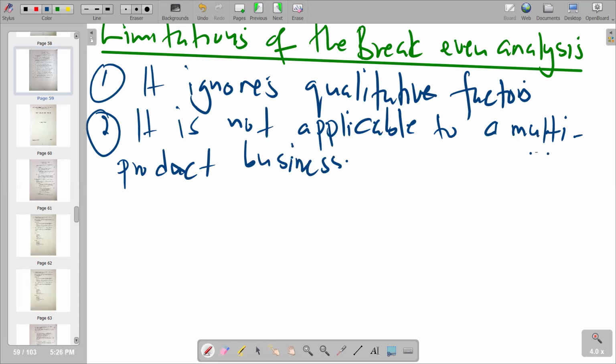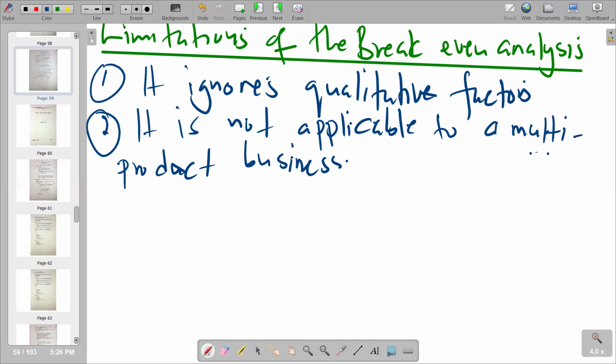Multi-product business, basically, we are saying the one that is producing more than one product, two or more. So we see that in the analysis that we are having, the vertical axis is representing the cost and the revenue. So the cost and revenue also are being determined by the prices.